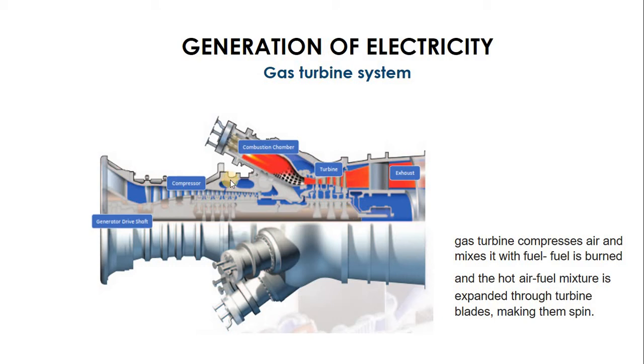What happens here is that, first of all, the compressor actually compresses the air, and then the fuel is also injected into the combustion chamber. So the compressed air and fuel are injected into the combustion chamber at the same time. In the combustion chamber, we now have a mixture of compressed air and gas. Then there's an ignition in the combustion chamber.